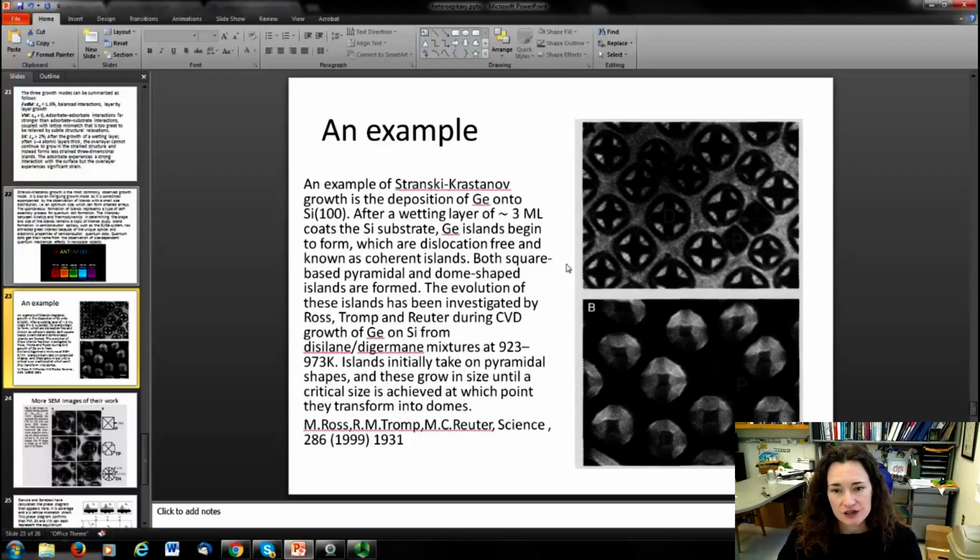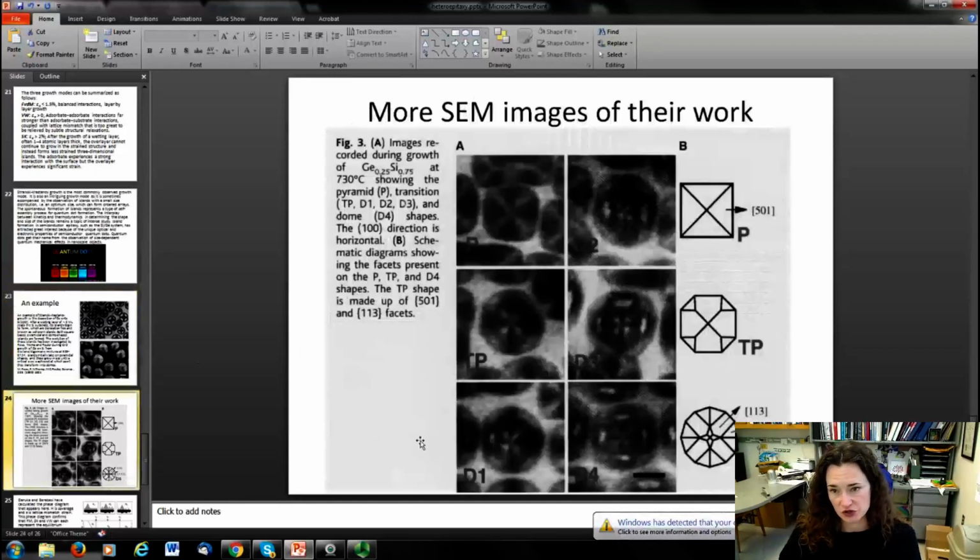So you get different shapes, both square shapes, pyramidal, and dome-shaped islands are formed, and the evolution of those islands has been investigated by a group of scientists cited here during CVD growth of germanium on silicon. So here's some interesting pictures of those growth modes, and here's some more SEM pictures of their growth. You can see here it starts out, there's the pyramid form, and you can see how that looks in the SEM. And then it goes through a transition region, and then it forms the domes.